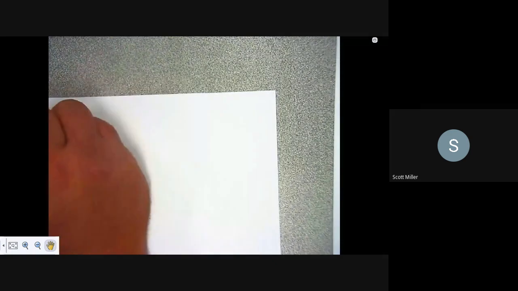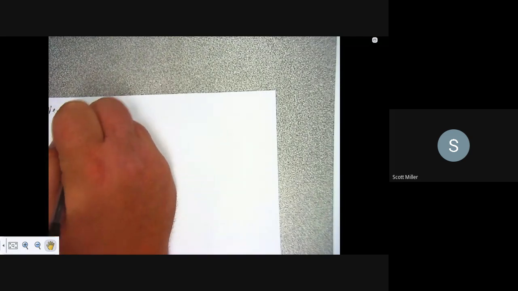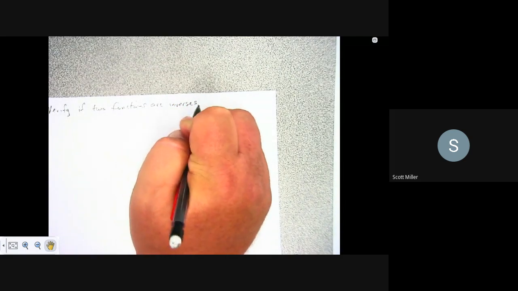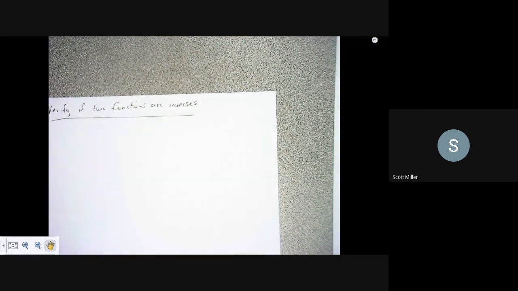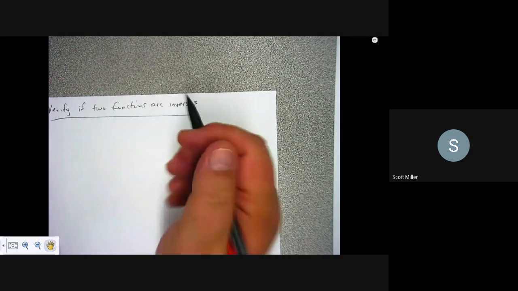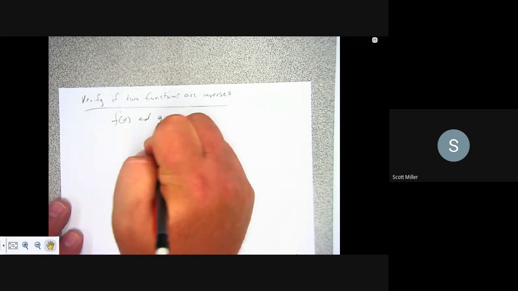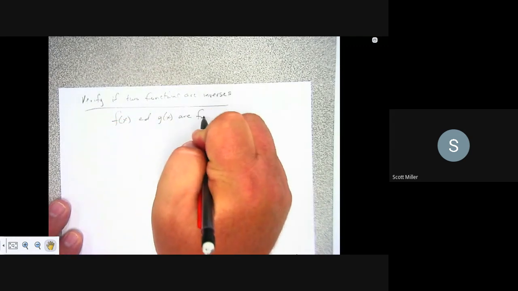One more thing. Verify if two functions are inverses. So I have two functions, f of x and g of x.